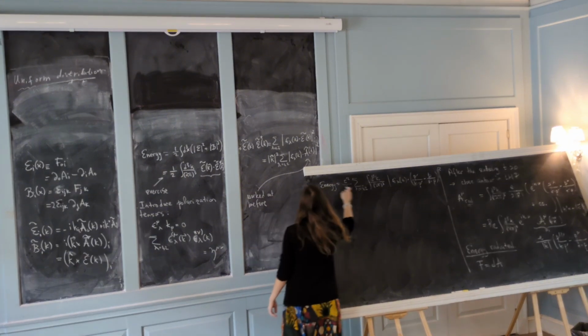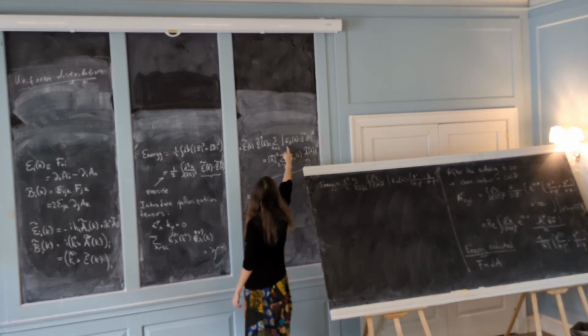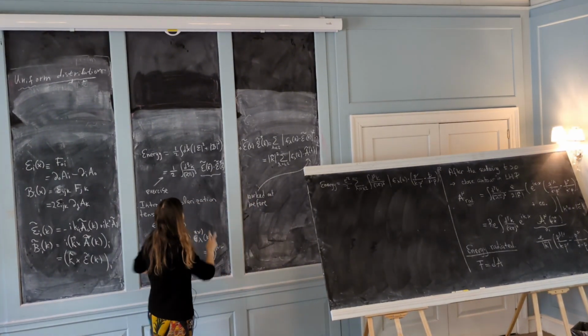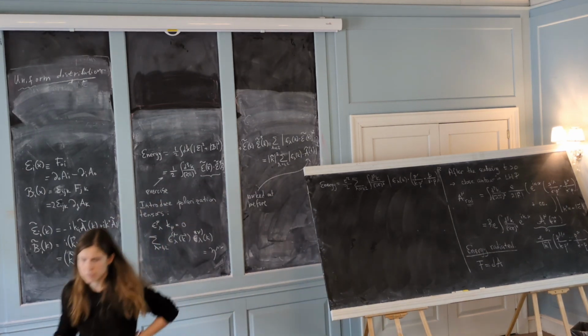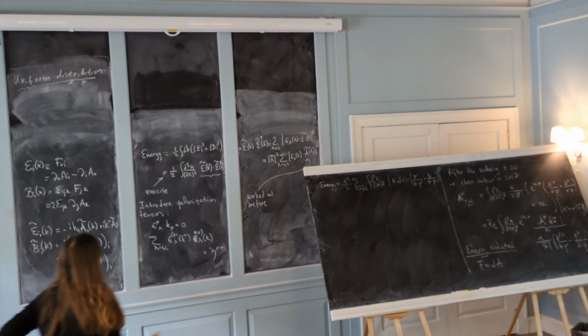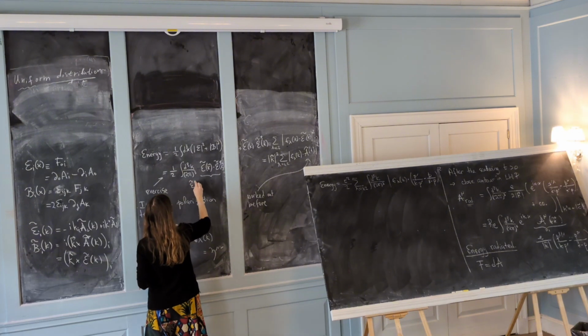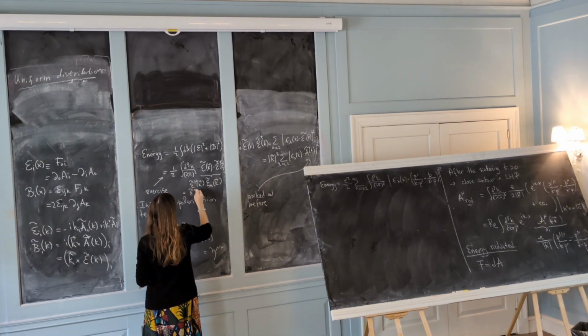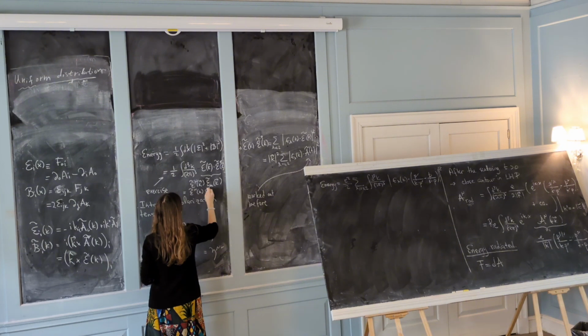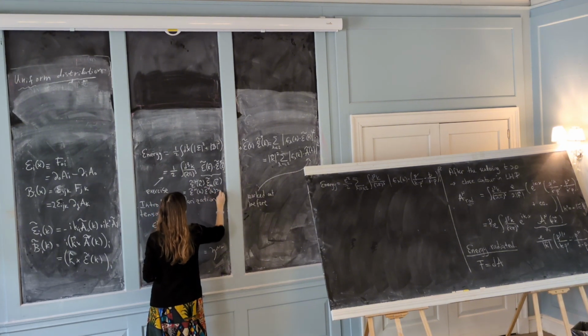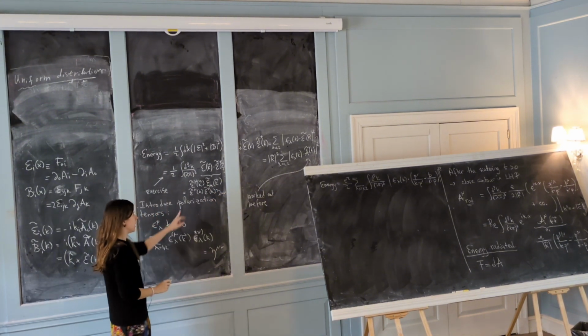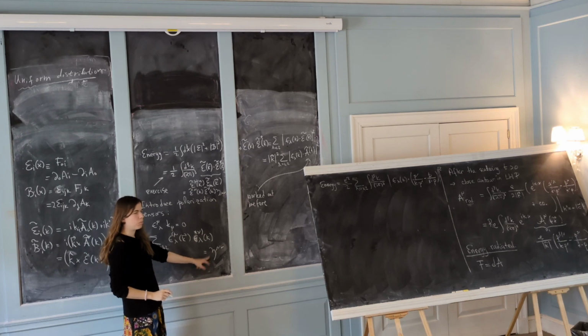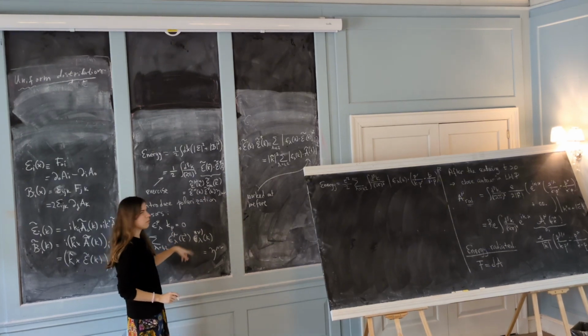Yeah, so I'm just rewriting this as epsilon mu k contracted to epsilon mu k, but I can also write this as epsilon mu k epsilon nu k eta mu nu, and I can plug in the formula for eta mu nu from here, and then just rearrange this.